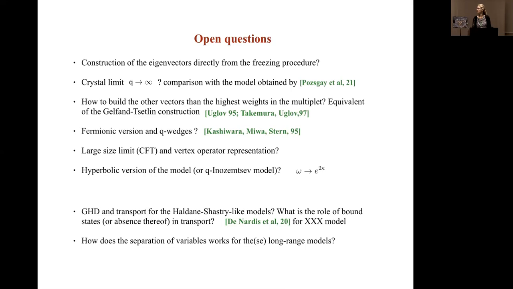These are important questions to solve before adding something to the model in order to render it closer to what we want. Thanks.